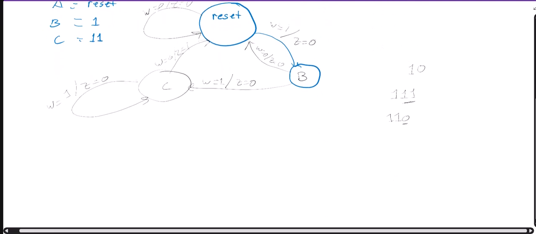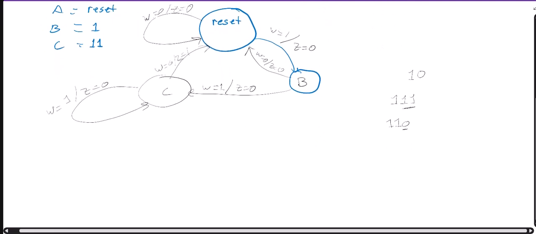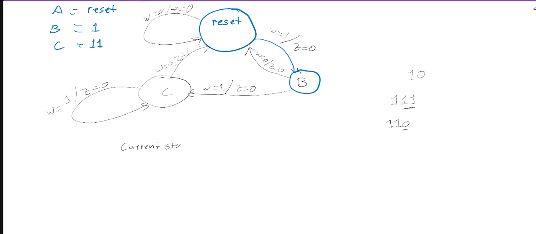Okay, so now let's do a state table. I have my current state, next state, and output. For my next state, I'll have W equals 0 and W equals 1.